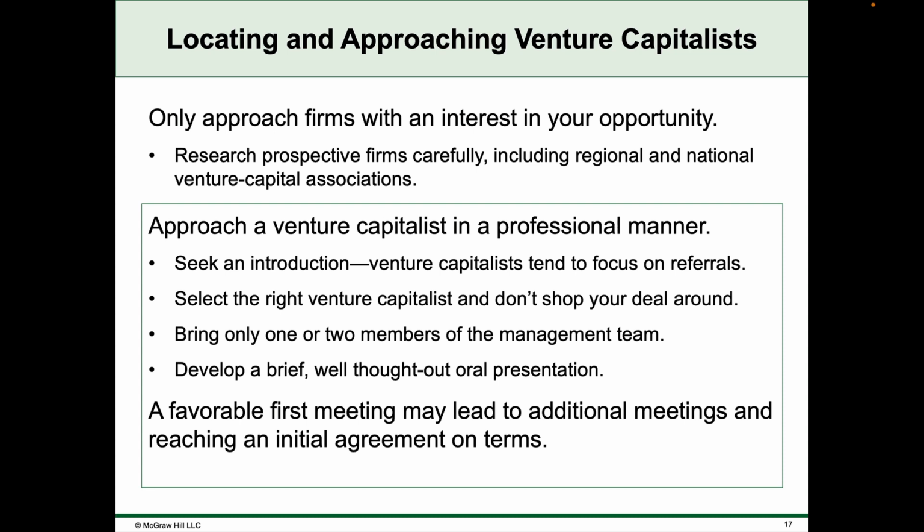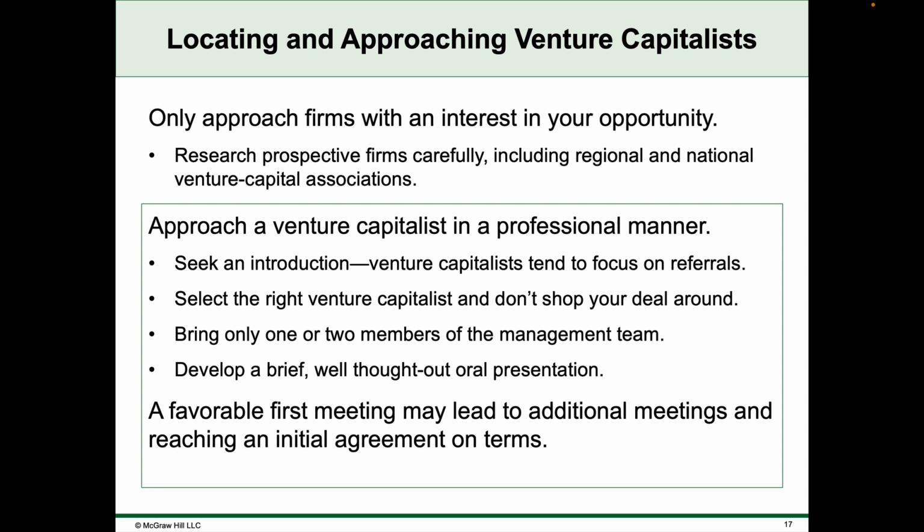They're looking at numbers. If they say no, it might be because they're looking at different industries. They might be looking for a different rate of return. They might be looking for something else. So it's really important to keep yourself grounded in the idea that this is not personal.